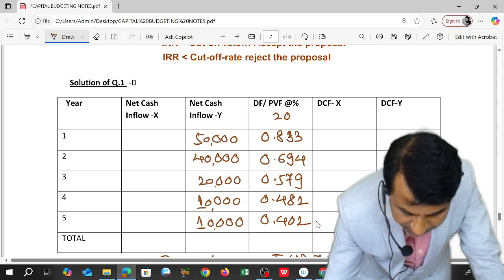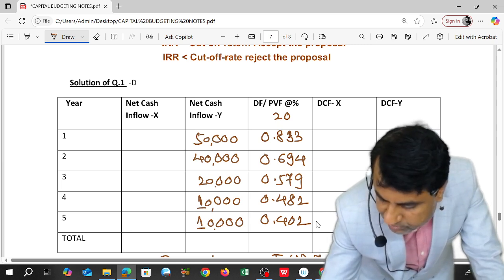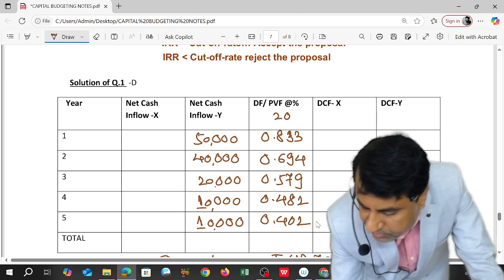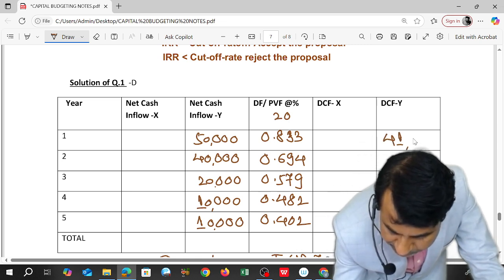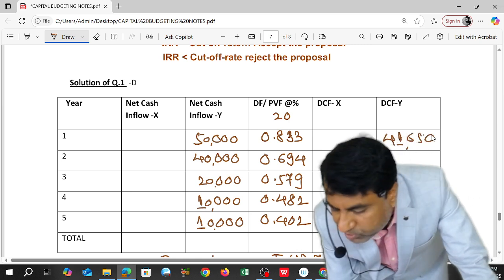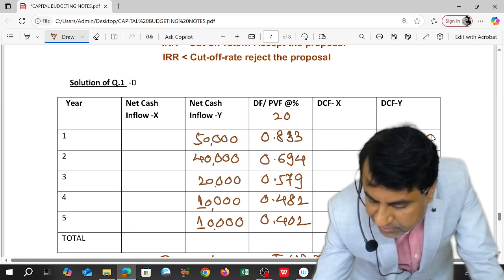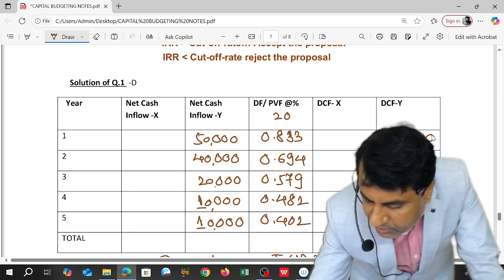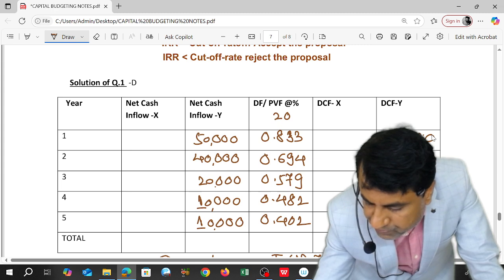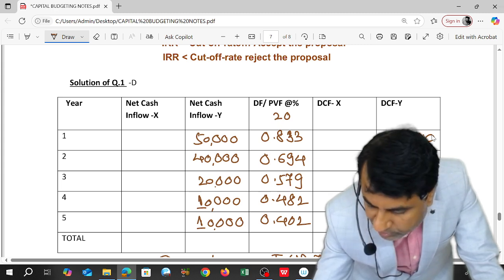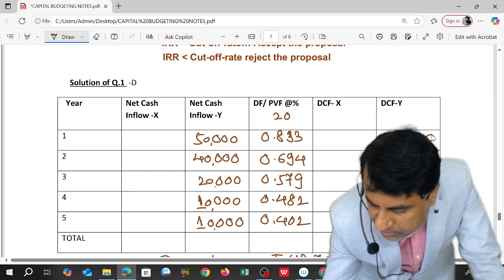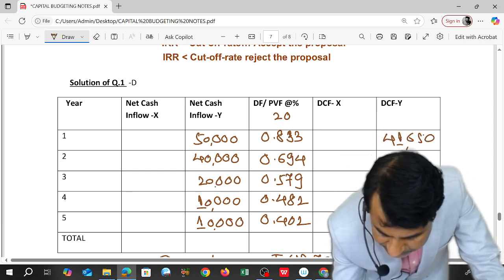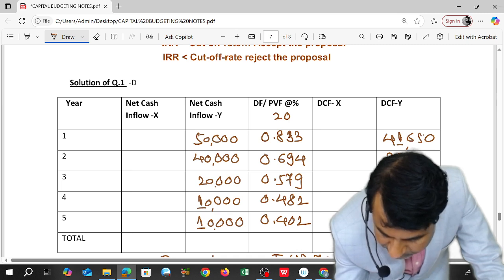Y का मैं अभी DCF निकालता हूँ. So it is 50,000 into 0.833, 41,650 is the first one for Y. I'm repeating, I haven't done X because it is annuity. Second is 40,000 into 0.694, which comes to 27,760.